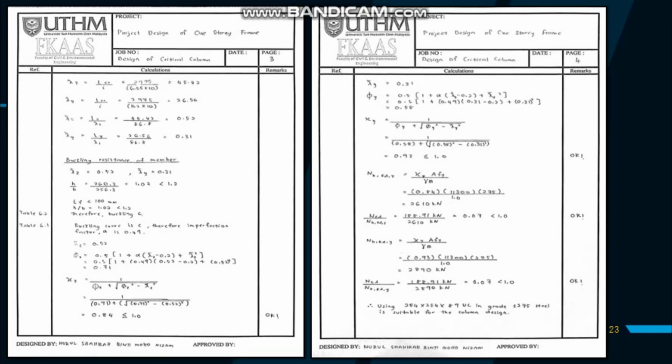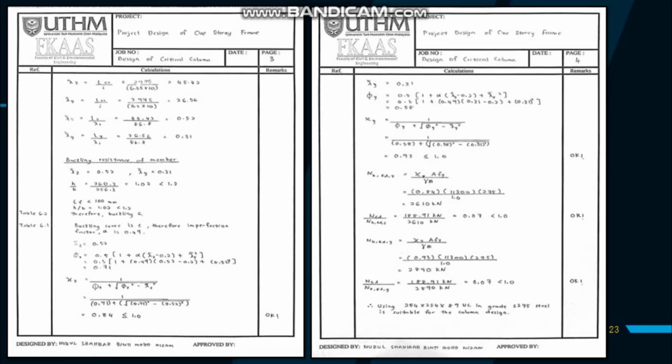Lastly, we have calculated the buckling resistance of the member. In this part, we have found that the buckling curve is curve C and the imperfection factor is 0.49. By using both slenderness values lambda z and lambda y, we have calculated that the buckling resistance of a compression member for NbRdz is 2610 kN and for NbRdy is 2890 kN.